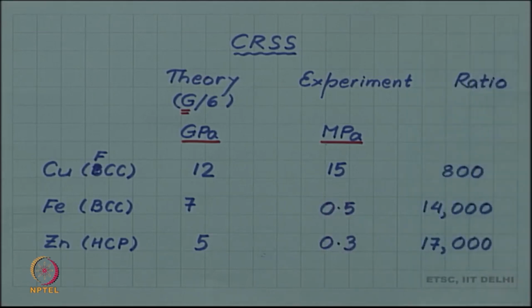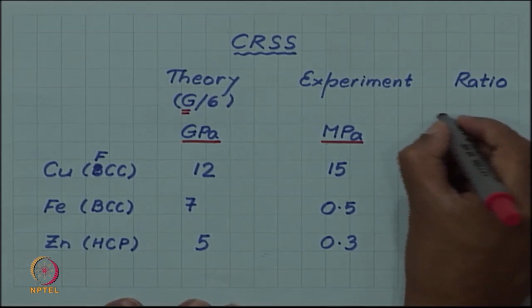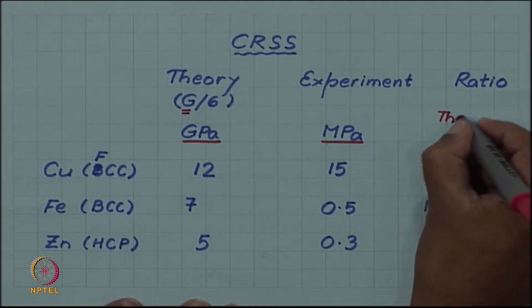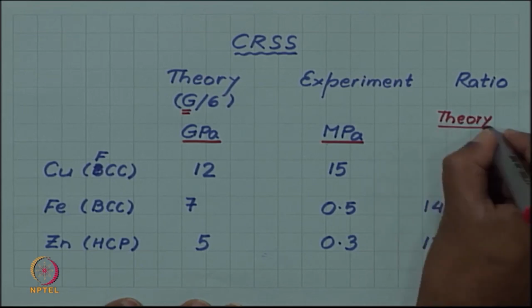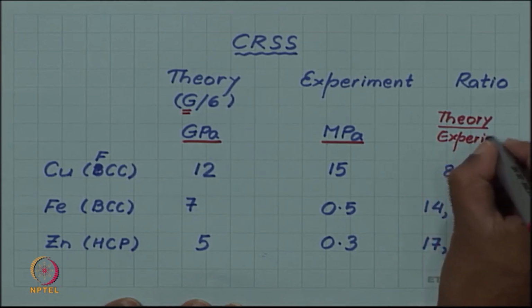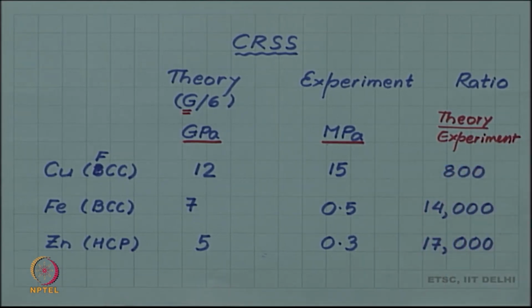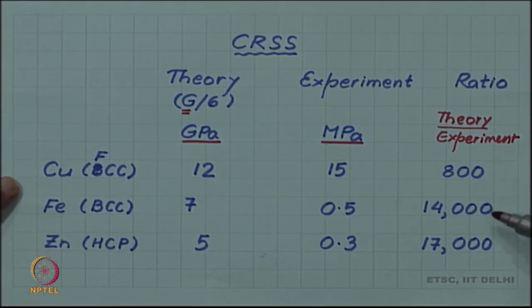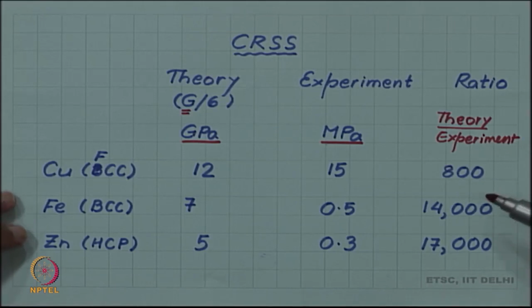If we take the ratio of the theoretical value by the experimental value, then we get values like 800, 14,000 and 17,000, which means a real crystal of copper is 800 times weaker than what the theory is predicting for it. Iron is 14,000 times weaker than its theoretical prediction, and zinc 17,000 times.